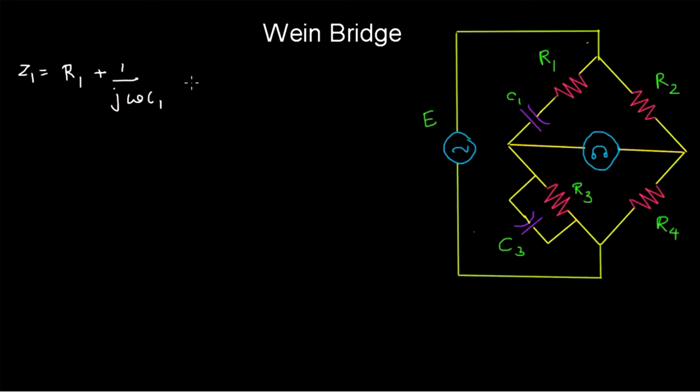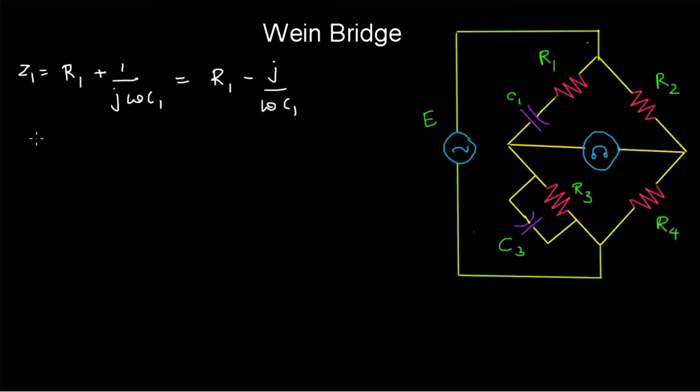That is the impedance of the capacitor, and to make the calculation simpler, we will always try to take the j term to the numerator. So this equation can be rewritten as R1 minus j by omega C1. We get this by multiplying with j in the numerator and denominator.